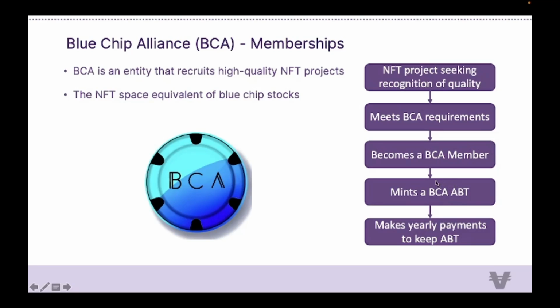To be consistently recognized as a blue chip NFT project, the NFT project needs to maintain those requirements, and there will be a lot of meetings that discuss progression, and if those NFT projects still maintain that standard, that quality, and that involves yearly payments to keep that account bound token.